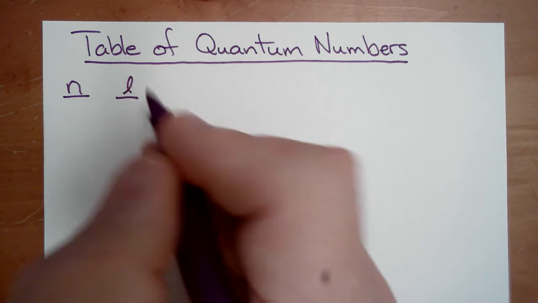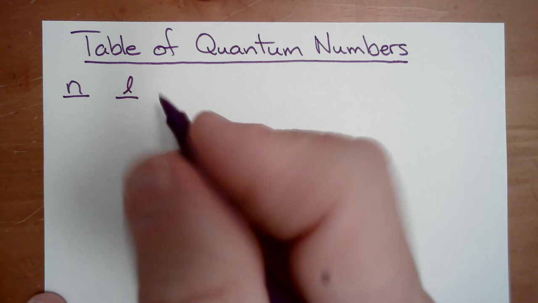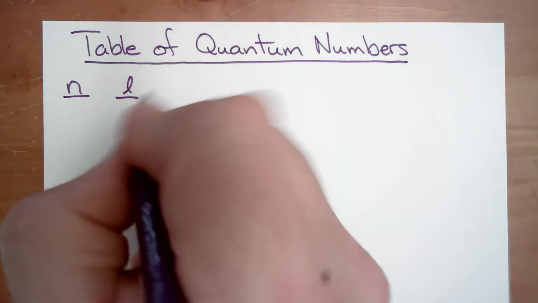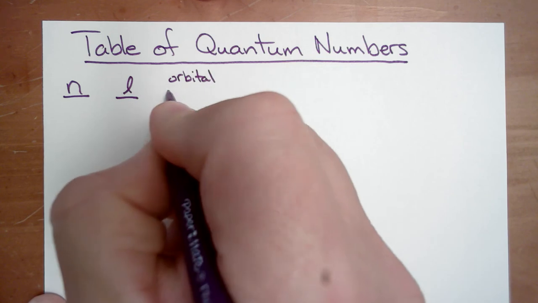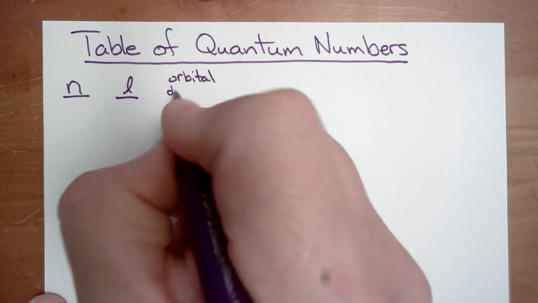That gives you what the shape is. Next to this, we'll write the orbital designation, or sublevel designation, sorry.